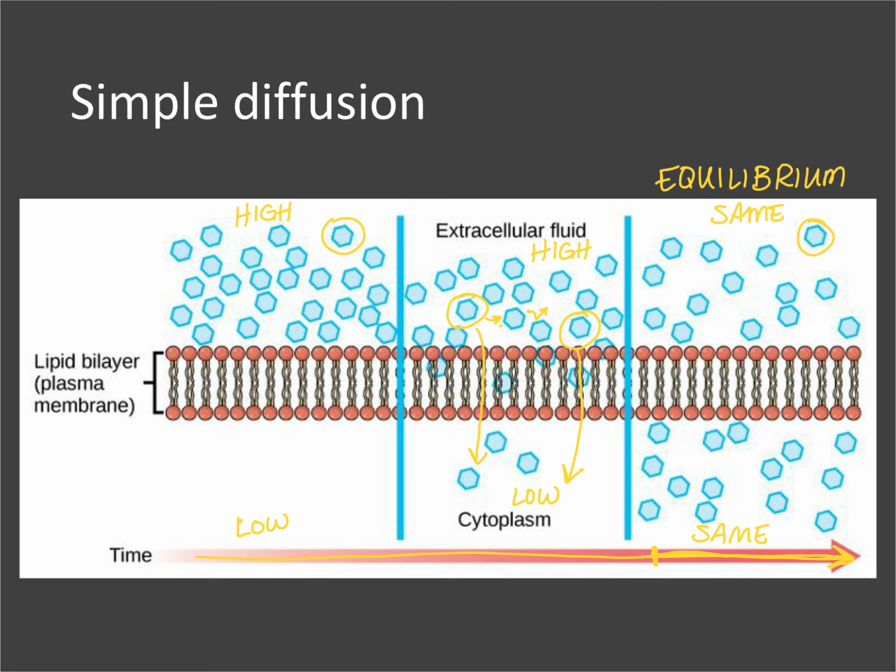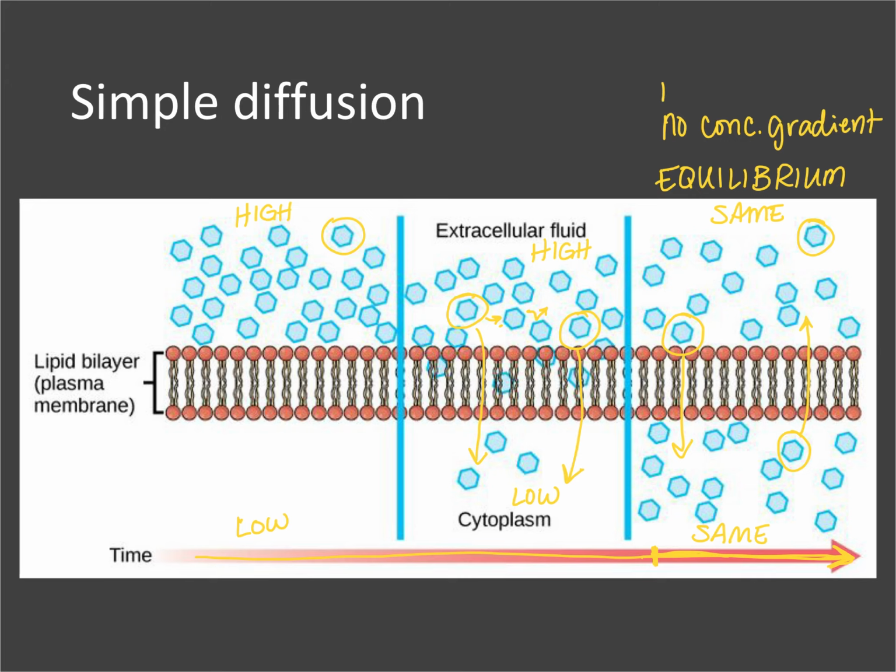Now, they're not going to stop completely, but we're going to end up with a one-for-one exchange, meaning that for each one of these molecules that moves across the cell membrane in one direction, a molecule is going to move in the other direction as well. So equilibrium is where the concentrations are the same, so there's no longer a concentration gradient.